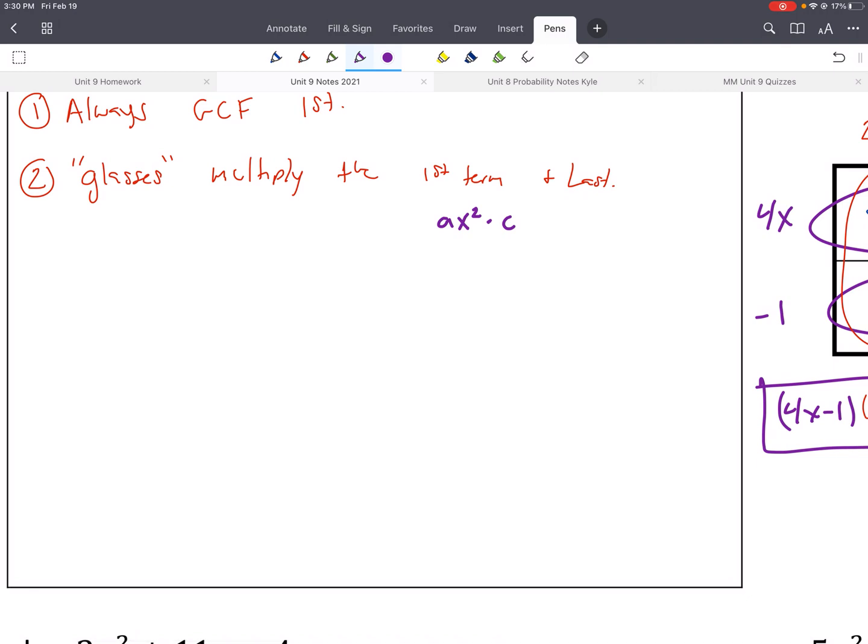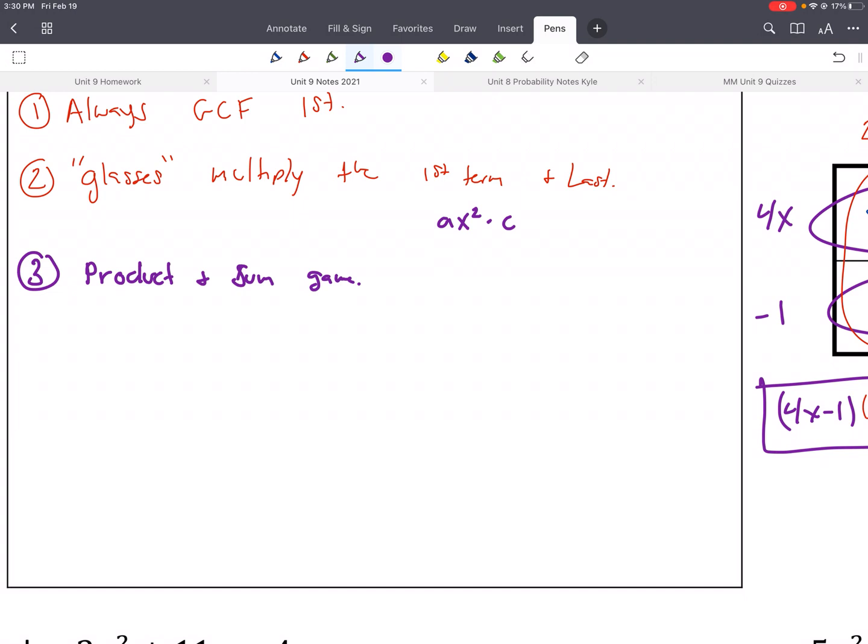So we need to multiply the first and last term, and then we need to do what we called before the product and sum game. We need to find the two things that make that work.